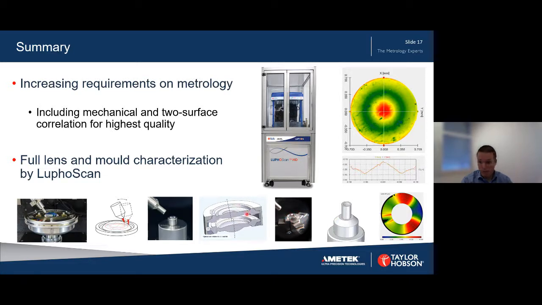We've seen a smartphone lens and discussed why it's crucial to measure the references, especially for this type of lens. And we've also seen the two surface correlation where we measured through the lens for small and thin lenses up to a few millimeters, and also for larger lenses with the approach by a reference ring for thicker lenses.